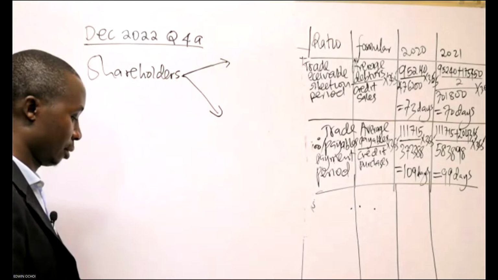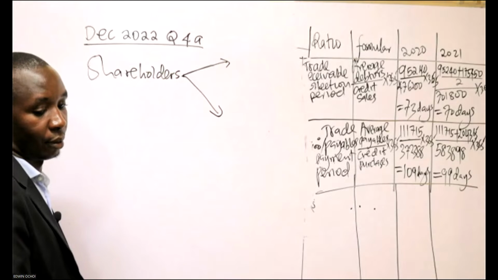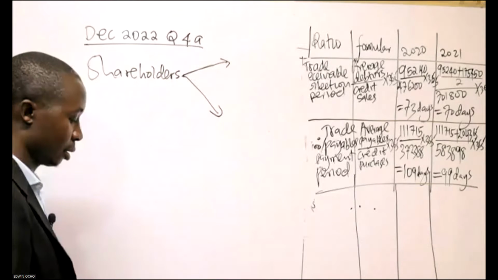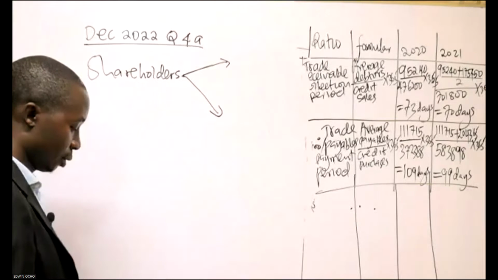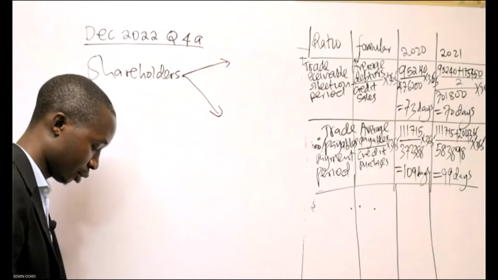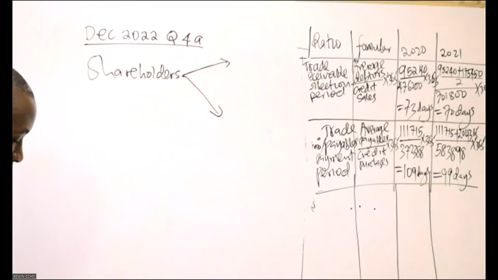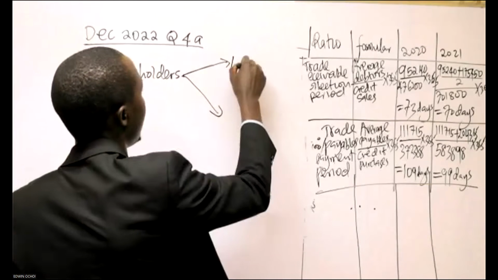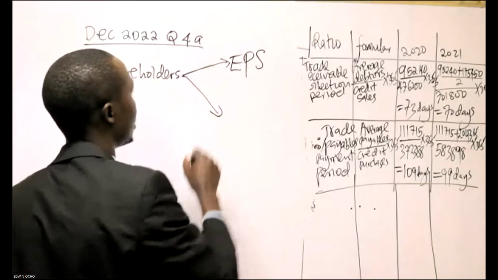So you have seen the student has said the first one. Return on capital employed, and another one, current ratio. So in my case, I will ask you to do earnings per share ratio.